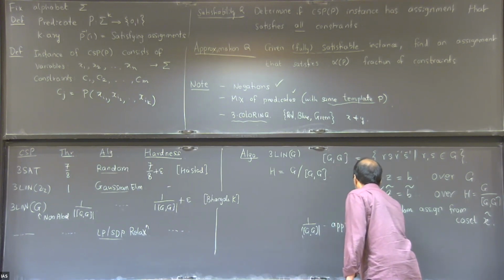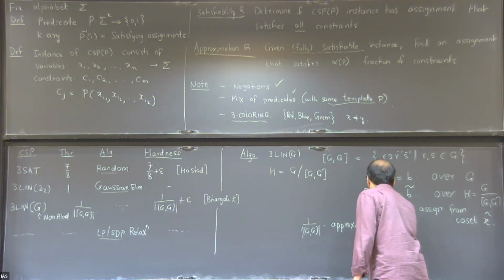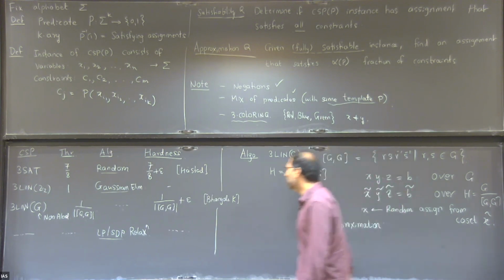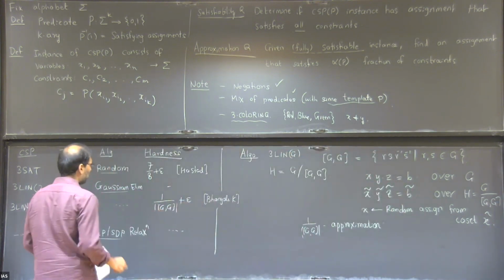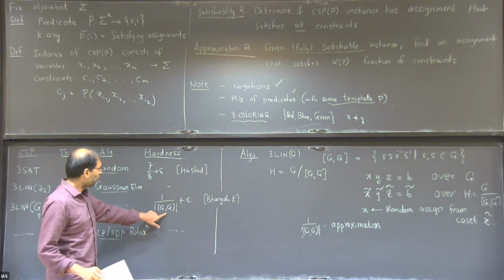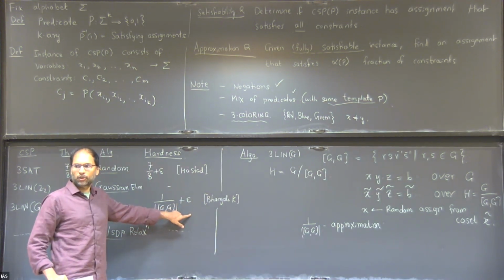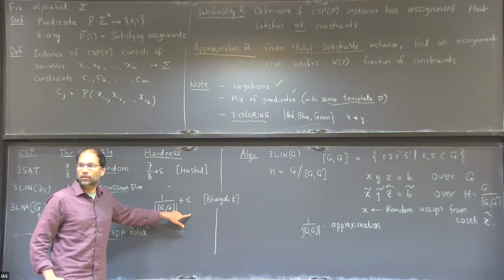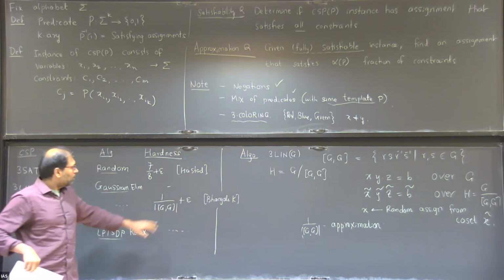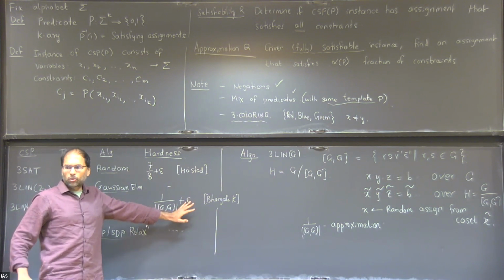So this is what one would do for a general non-abelian group. And in this paper, we also showed that doing even a little bit better than that is NP-hard. And that's the hard part, which I don't want to get into.